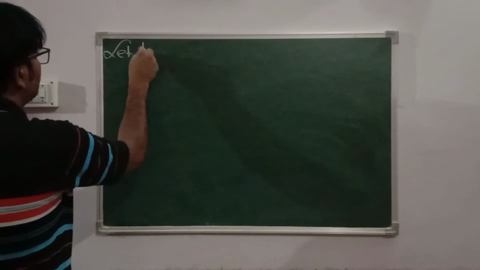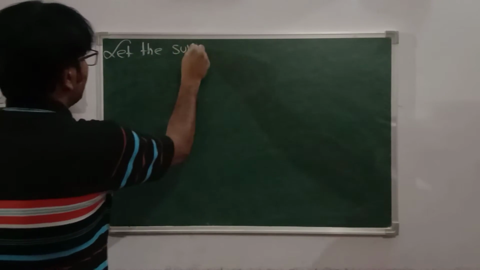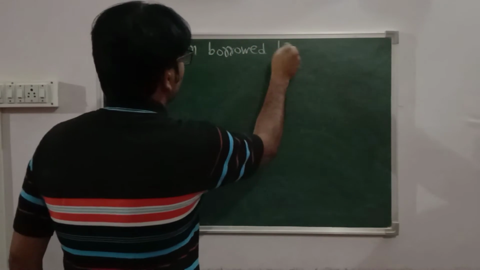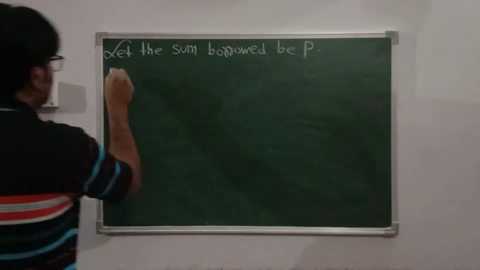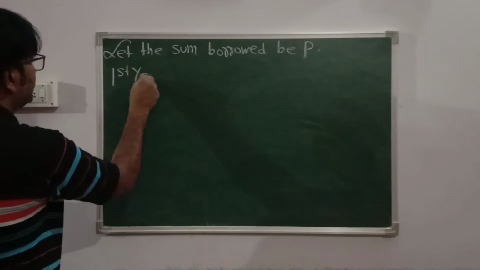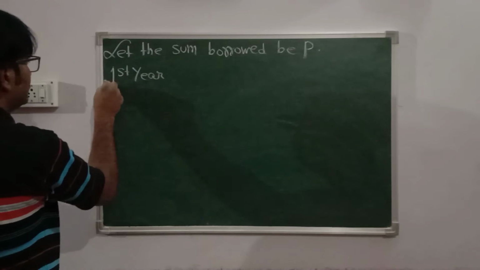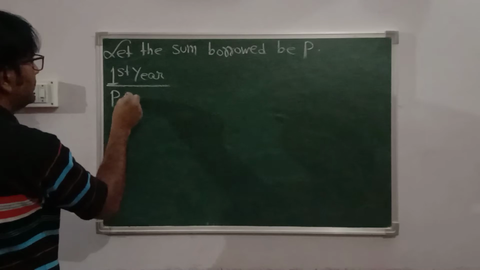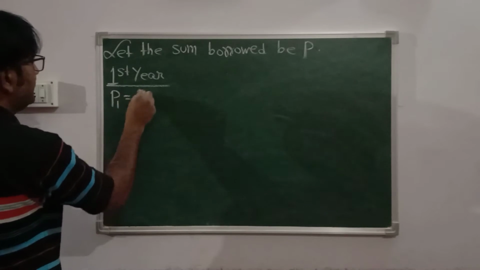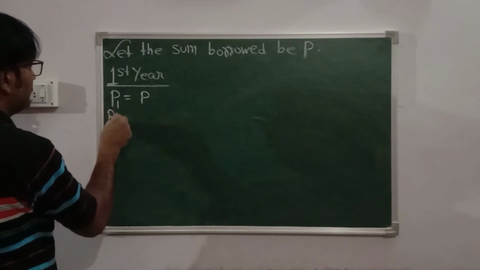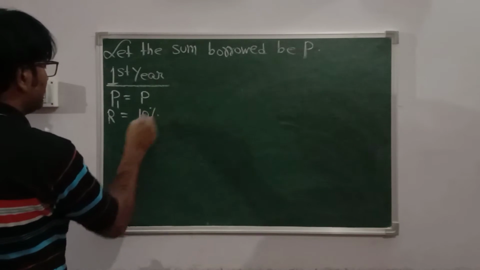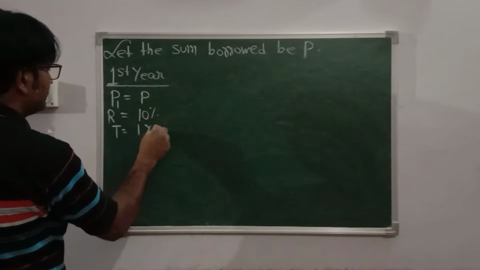So let the sum borrowed be P. Let's get into the first year. The principal P1 equals P. Rate given is 10% and T is 1 year.